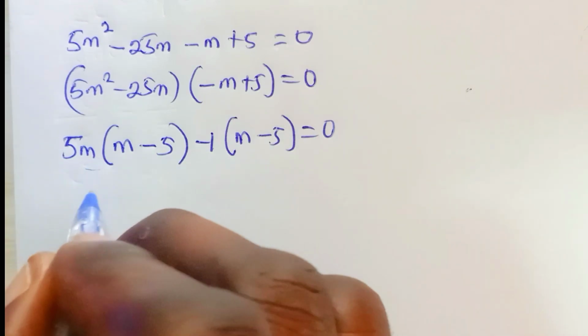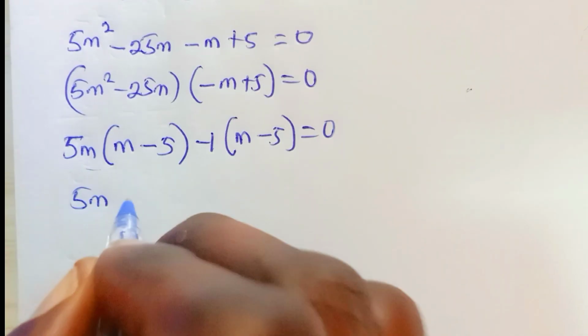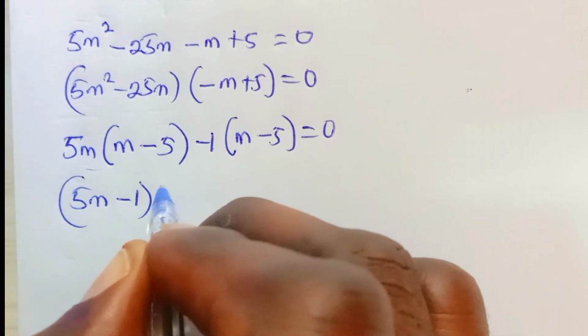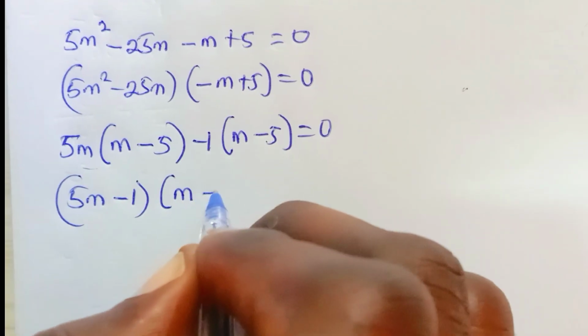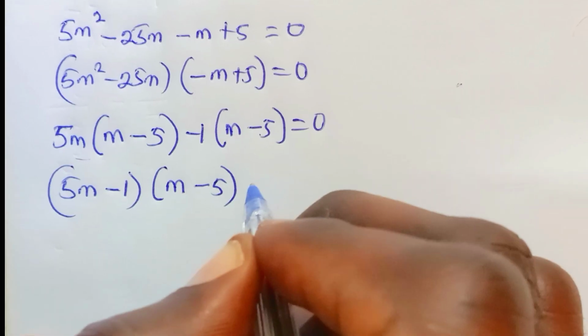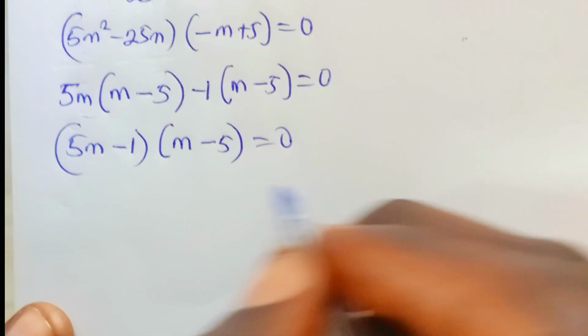So factorizing, we take (5m − 1)(m − 5) = 0.